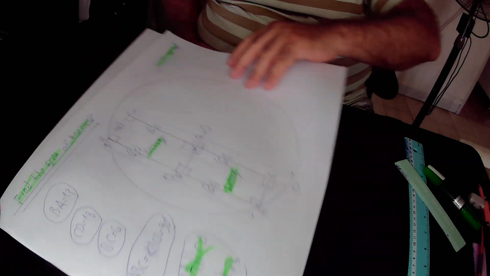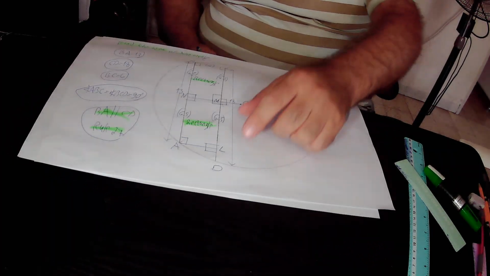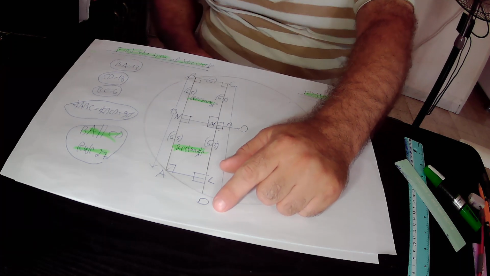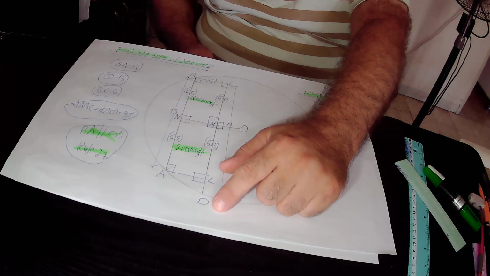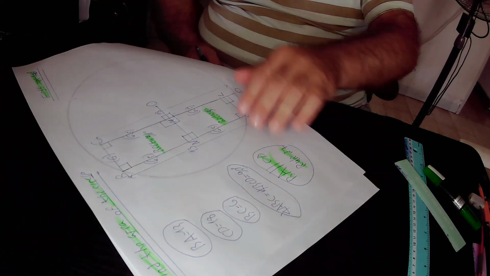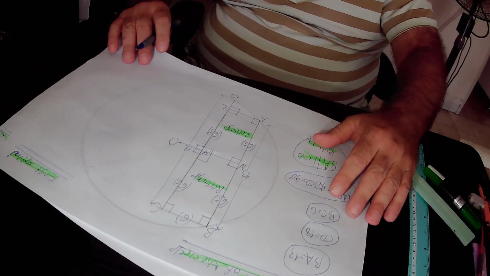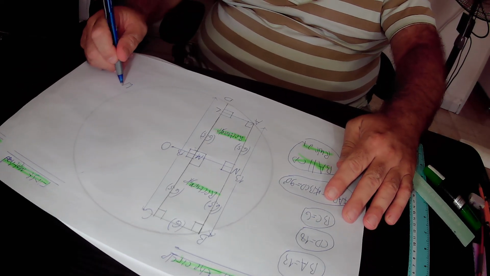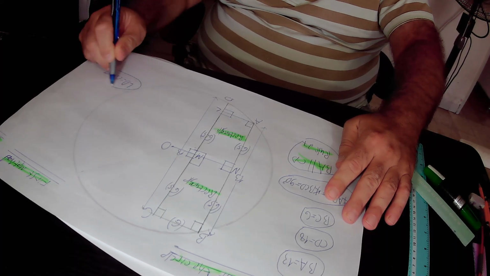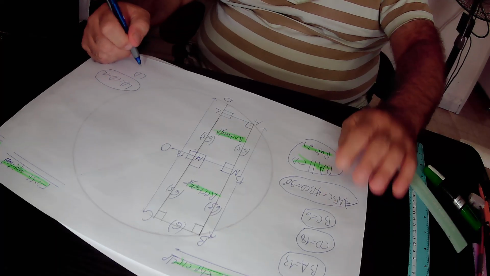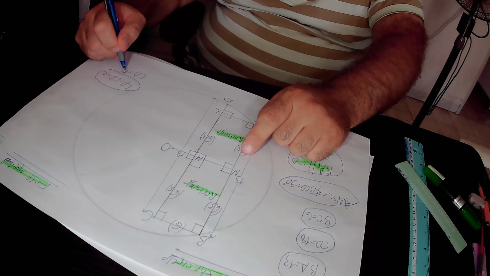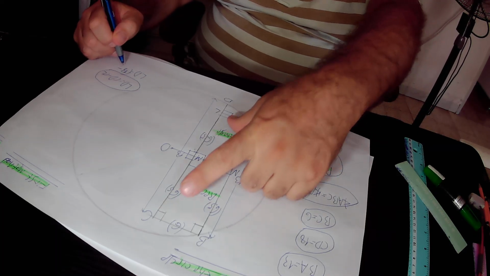What is the length of this missing segment LD? From the drawing it is very easy to see that LD in total equals CD minus CL. So write it down. LD equals CD minus CL. CD is 18, according to what is given in the question, minus CL.